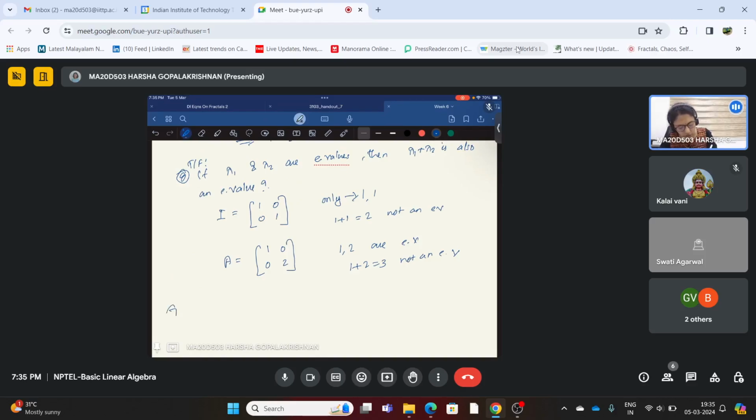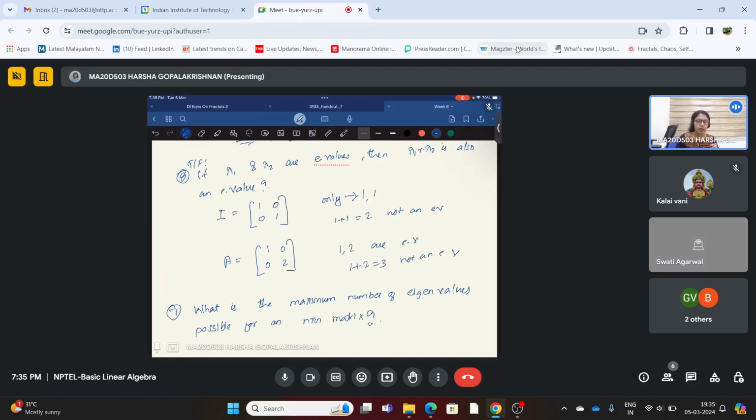Okay. Now the next question. What is the maximum number of eigenvalues possible for an n by n matrix?